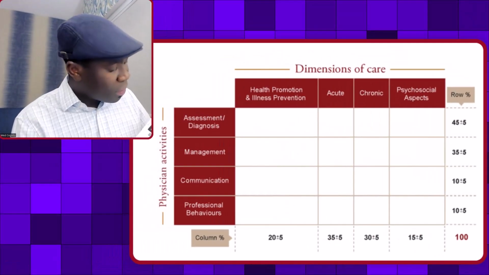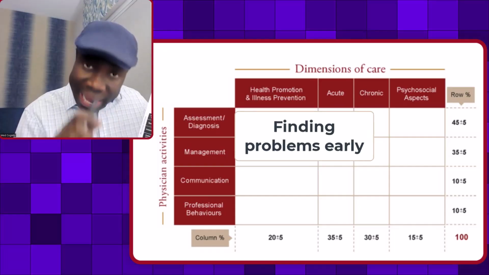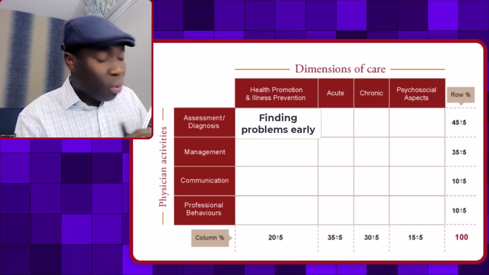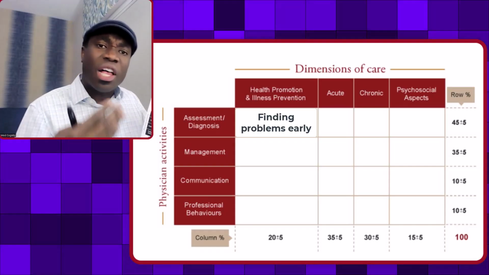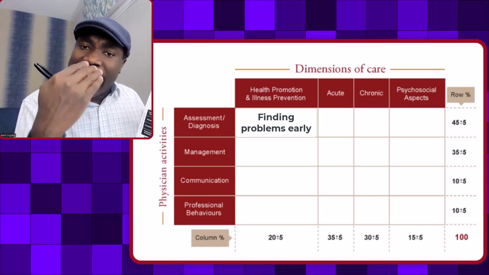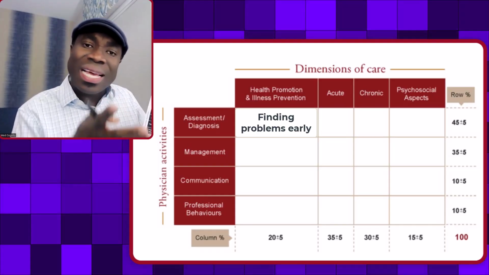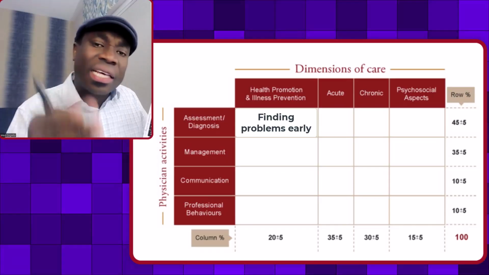In box 1, I call that finding problems early. In box 1, the kind of questions you're going to get are questions which help you with assessment and diagnosis of health-related issues. It's also a connection between assessment and diagnosis plus health promotion and illness prevention.